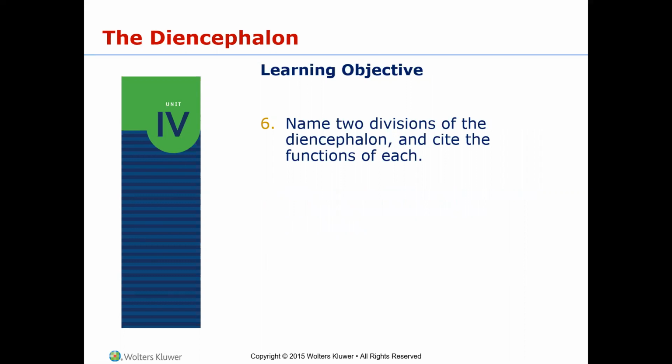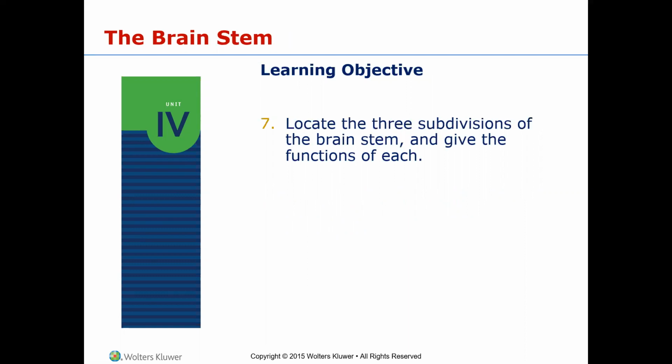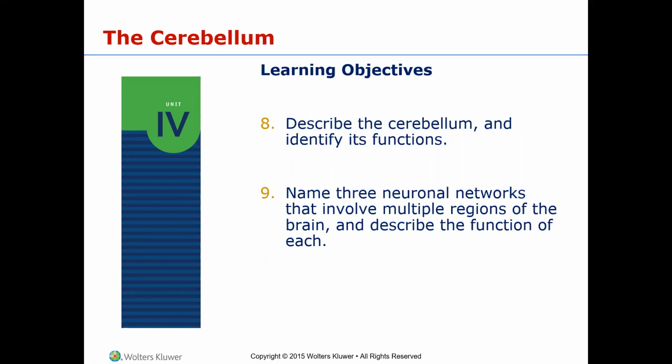In the diencephalon, you'll be looking at the two divisions of the diencephalon and cite the functions of those, as well as the brainstem, locating the three subdivisions of the brainstem and giving the functions. And in terms of the cerebellum, again, to describe the cerebellum and identify the functions of it. You will not be responsible for the neuronal networks, as I had stated earlier.